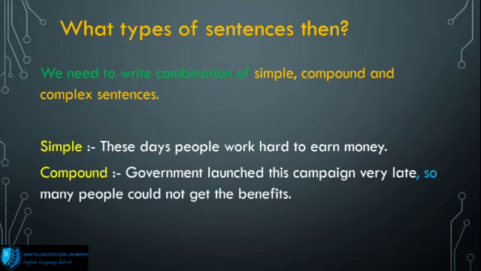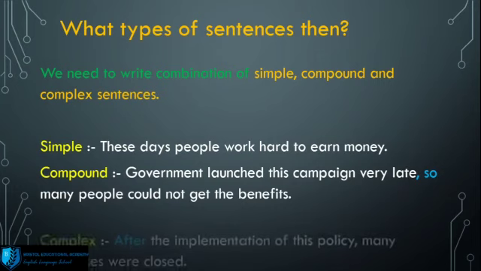These conjunctions are called coordinating conjunctions, and they can be memorized with the word FANBOYS, where F means for, A means and, N means nor, B means but, O means or, Y means yet, S means so. Basically in compound sentences, we are connecting 2 independent but related sentences with a comma and conjunction.